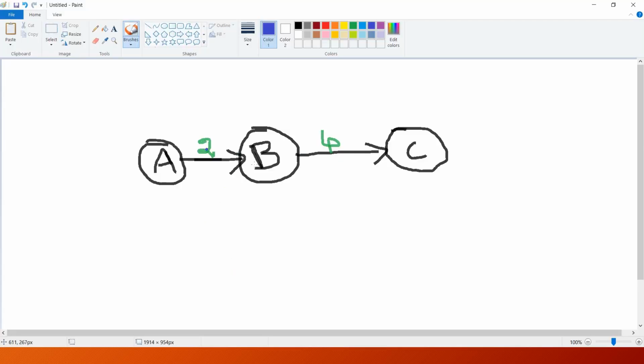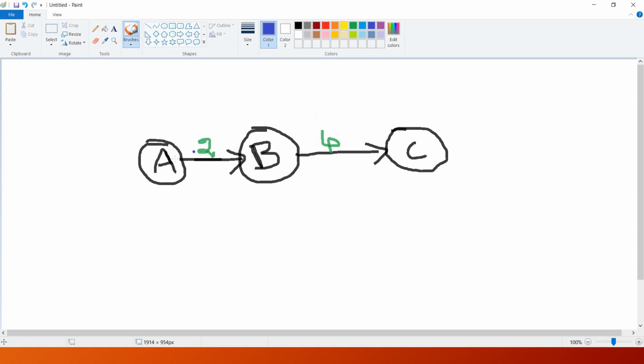Suppose we have a graph. That graph consists of only three vertices, namely A, B, and C. If you observe, this graph is a directed graph. There is an edge between A and B, but there is no edge from B to A because it is a directed graph. And similarly, from B to C there is a directed edge of cost 4.